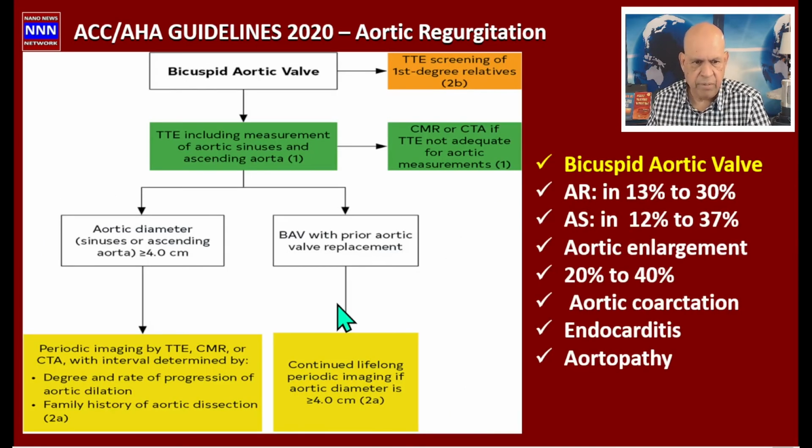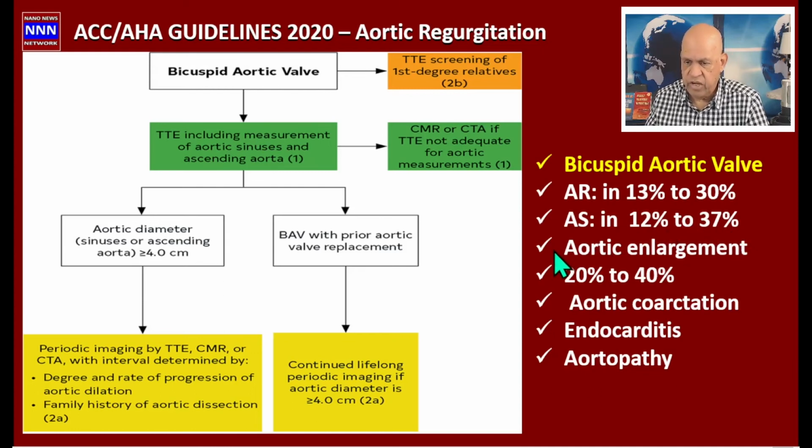A couple of words about bicuspid aortic valve. Bicuspid aortic valve is not uncommon. It is seen fairly commonly. Bicuspid aortic valve is associated with aortic regurgitation in 13 to 30% of the patients. About 12 to 37% of these patients have aortic stenosis.